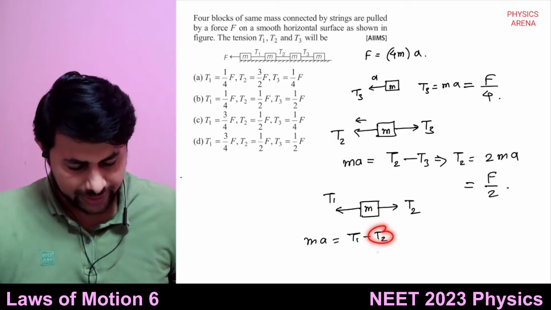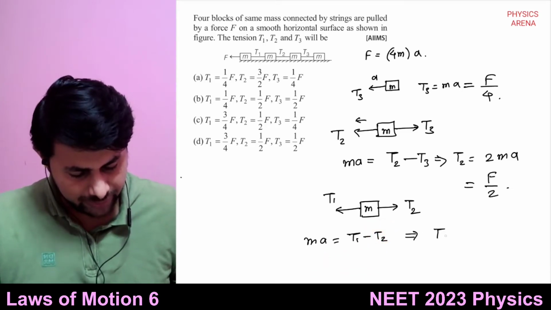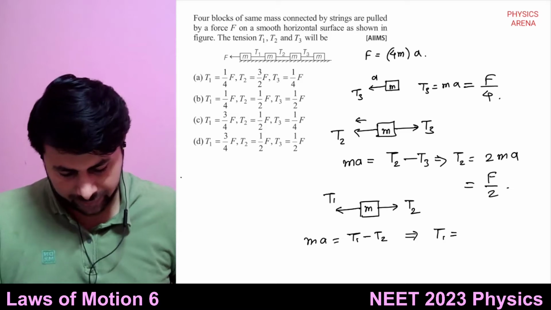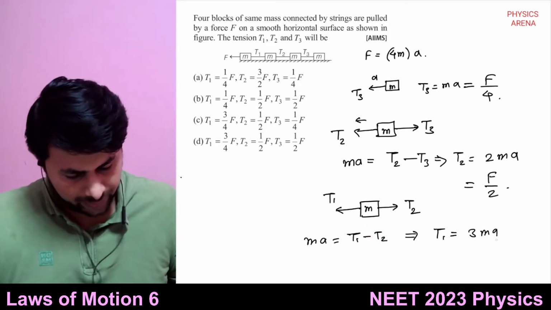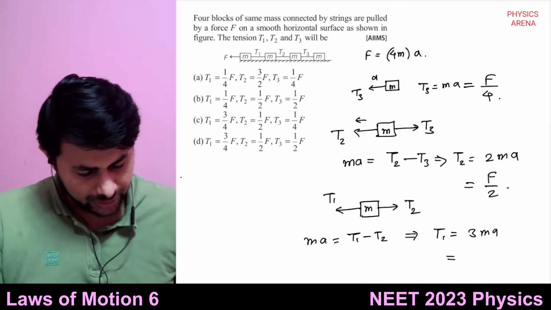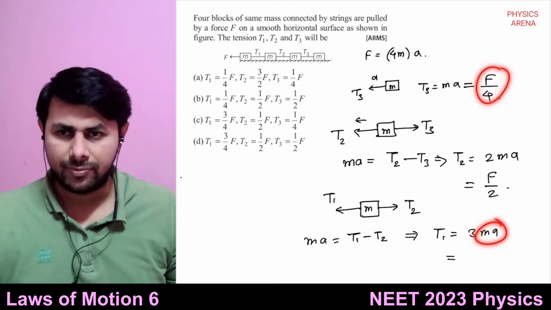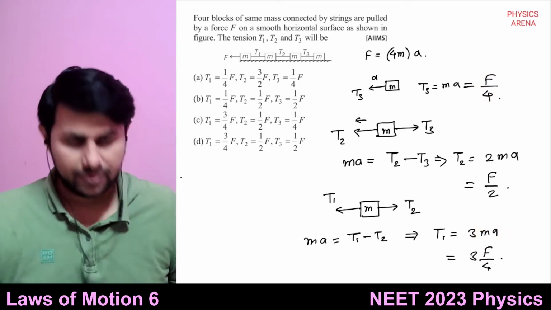Take T2 on the left hand side. So you get T1 equals what? T2 plus MA, that is 3 MA, and MA is equal to F by 4, right? So this is equal to 3 times F by 4. This is simple.